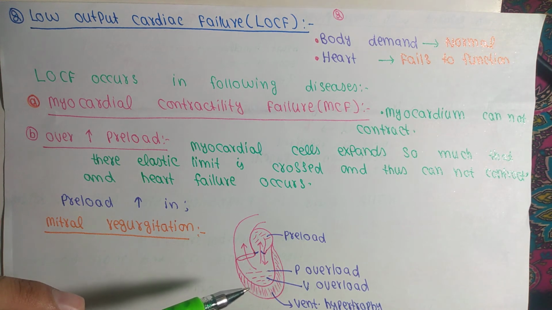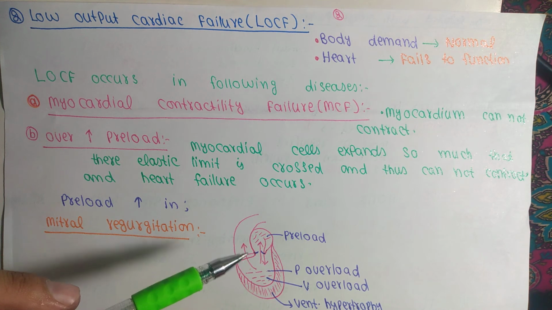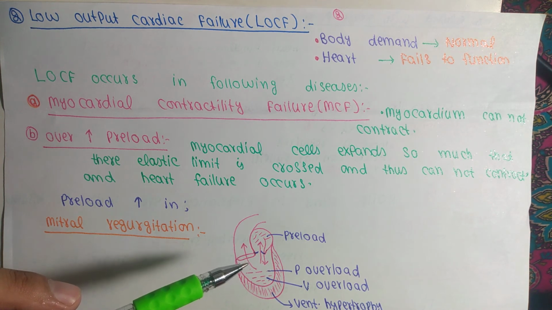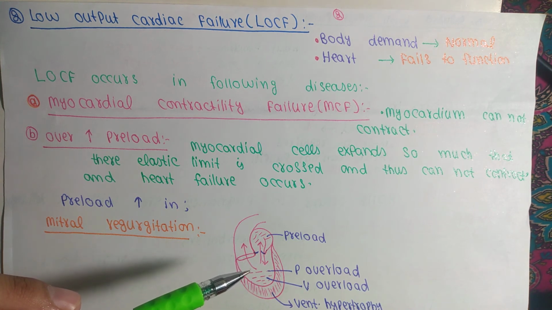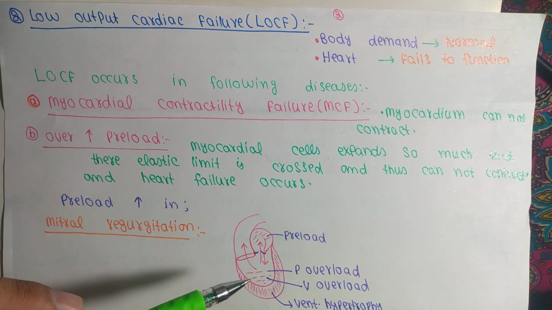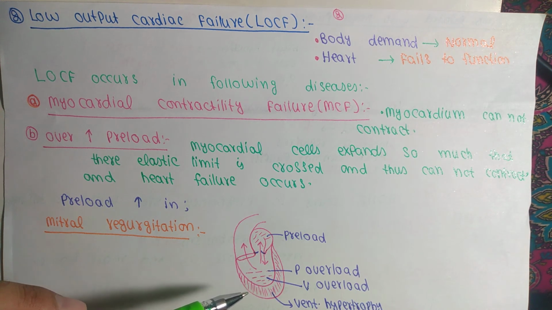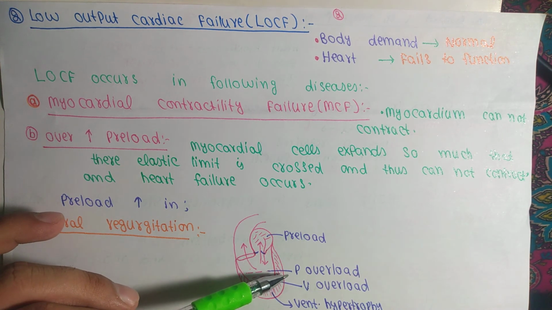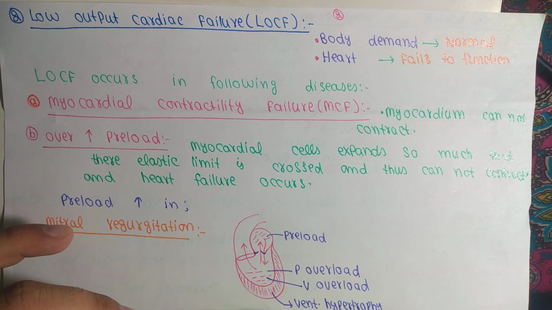So when the preload increases so much that the cardiac myocytes' elastic limit is reached, then the cardiac myocytes will be unable to contract properly, and thus cardiac output will decrease, and less blood will be pumped into the systemic and pulmonary circulation, and thus tissue will receive less oxygen. In this case, different factors will result, which are pressure overload, volume overload, and ventricular hypertrophy.